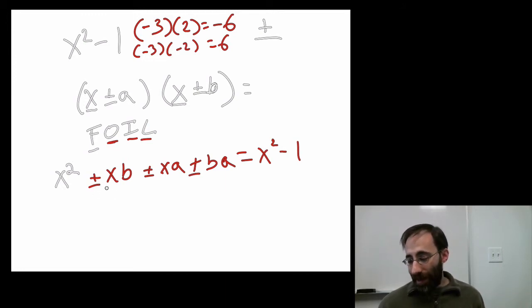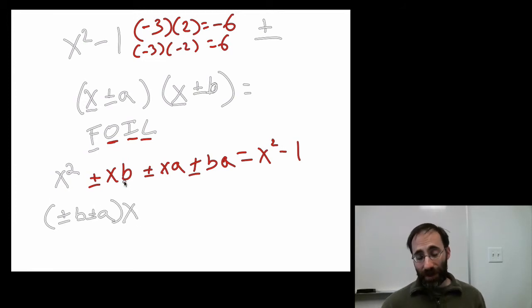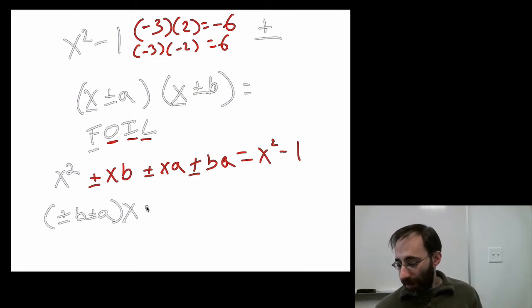So when we add plus or minus xb to plus or minus xa, we have to get 0. So plus or minus b plus or minus a times x, because both of them are multiplied by x, we can pull the x out using the distributive property, has to equal 0.